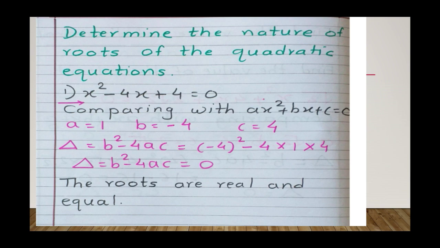Delta, that is b square minus 4ac, is equal to minus 4 square minus 4 into 1 into 4. That is, delta b square minus 4ac is 0. Therefore, the roots are real and equal. We know that if b square minus 4ac is 0, the roots of the quadratic equation are real and equal.